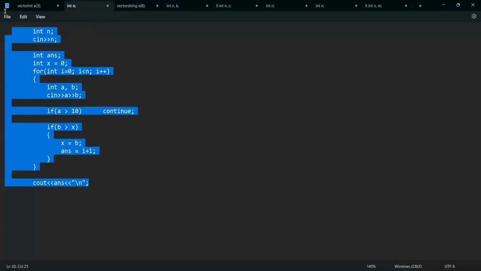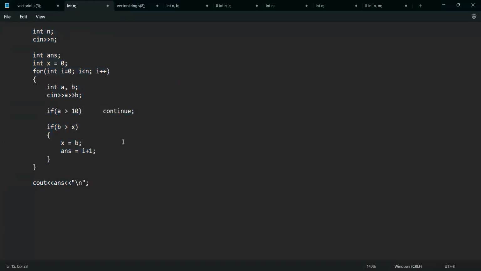So this is the implementation. First I'm taking n as input. Then this is my answer, which of the players is the winner. And I have this X because I want to find the highest quality in order to determine the winner. So I'm taking A and B as input.